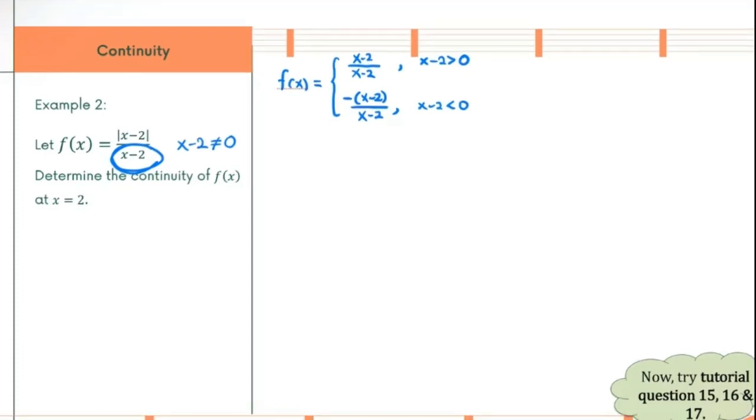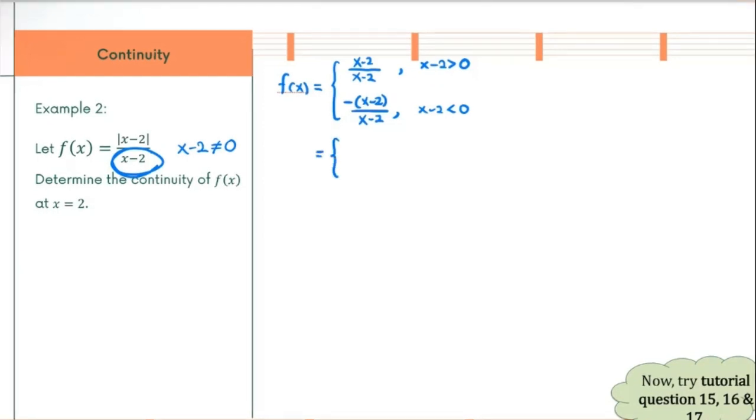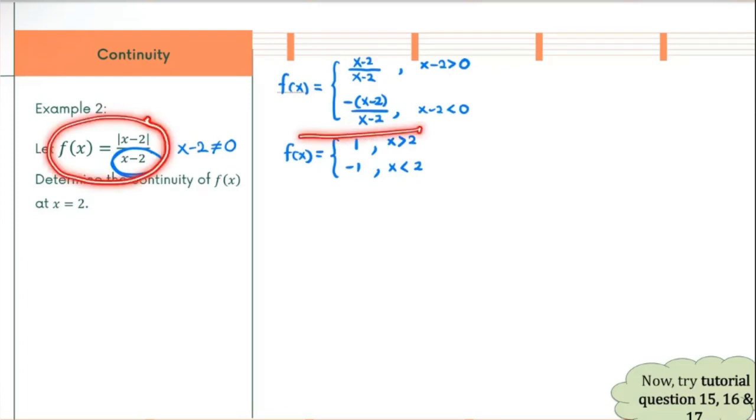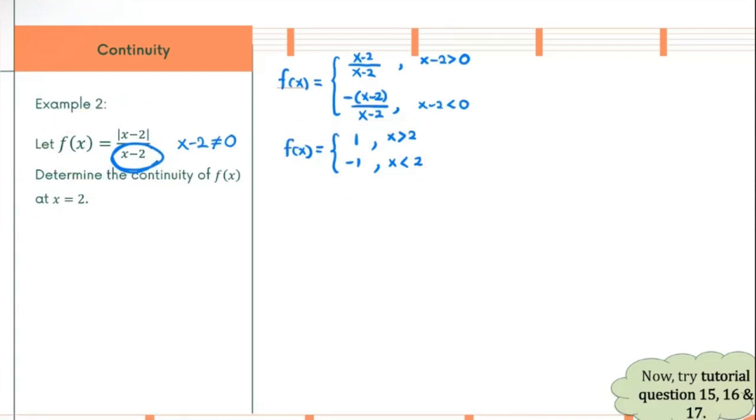Now, daripada this value, saya boleh conclude bahawa my function now will be 1 dan juga negative 1 for x greater than 2 and for x less than 2. Okay, so daripada this one function, sekarang ni dia dah ubah kepada this simplest function. Kita nak tahu dia continuous atau tidak kan?